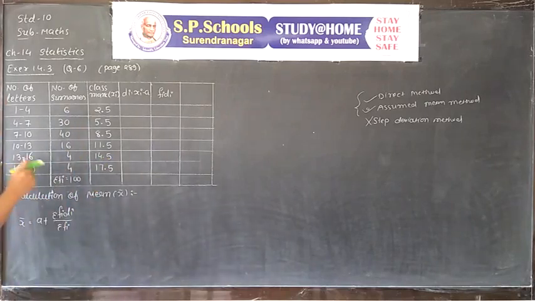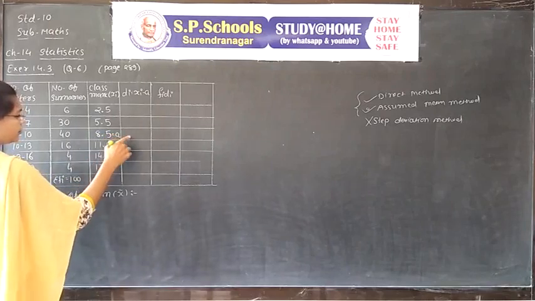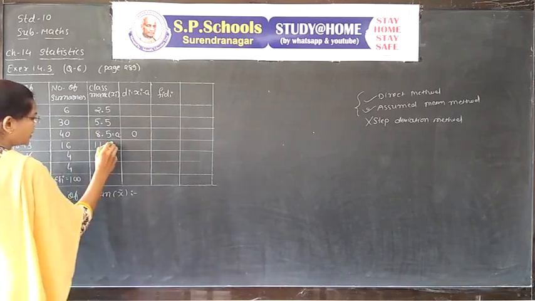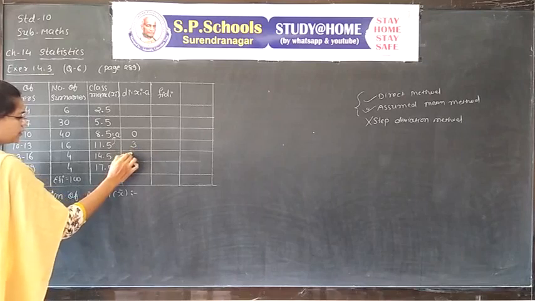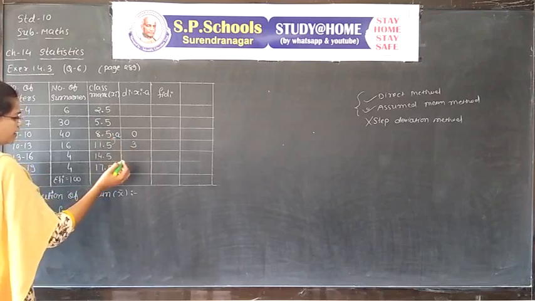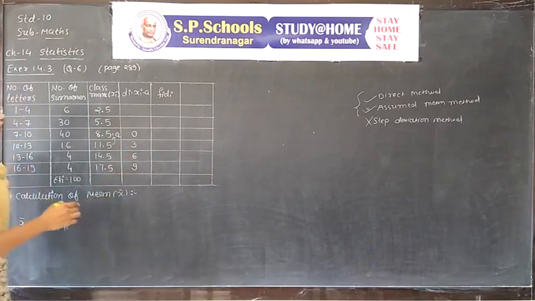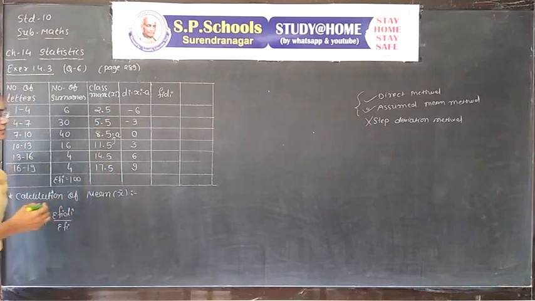To find di, first of all assume A. Let us take 8.5 as A. In front of A, di is 0. Below, we subtract 8.5 from 11.5 and get 3, 14.5 minus 8.5 gives 6, then 9. Upside, it is minus 3 and minus 6, because the class sizes of all class intervals are equal.